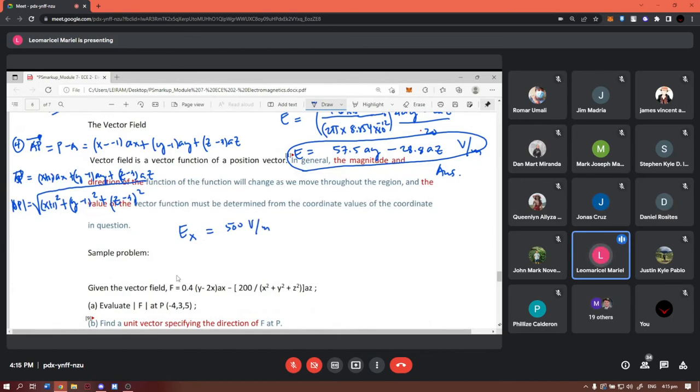Kung along X lang yon, ang vector mo ay ano lang? Ang i-consider mo lang ay ang vector X plus 1 AX lang. Di ba? X plus 1 AX lang yung consider mo na given.